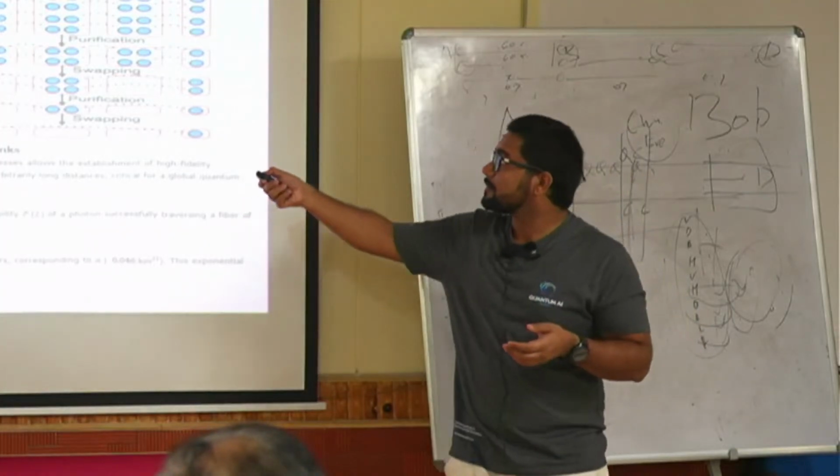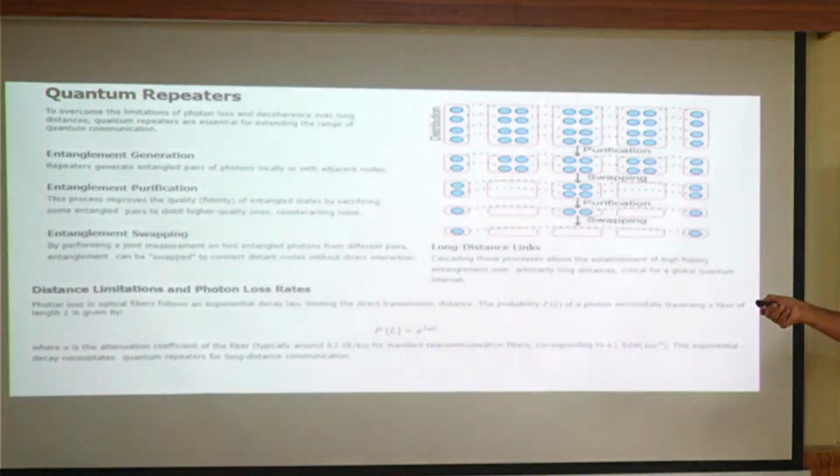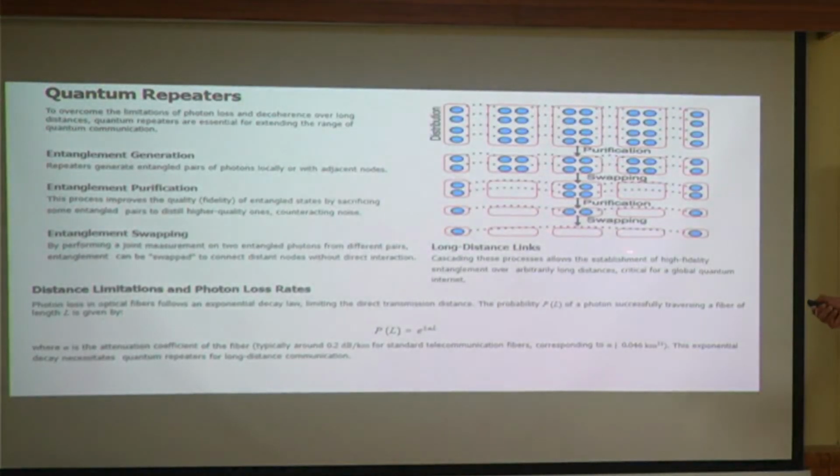For example, you started from here. This photon should be alive till all this process is completed. Let's say this process is taking 1 nanosecond, this is around microsecond, this is around millisecond, this is around second. So at least 1 second, this quantum storage should have second level coherence time. That much time a quantum memory should store.